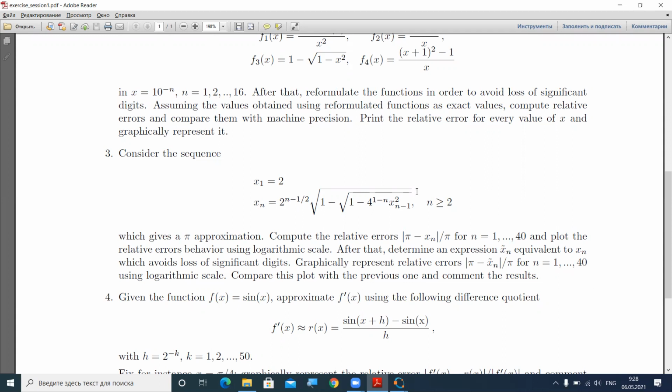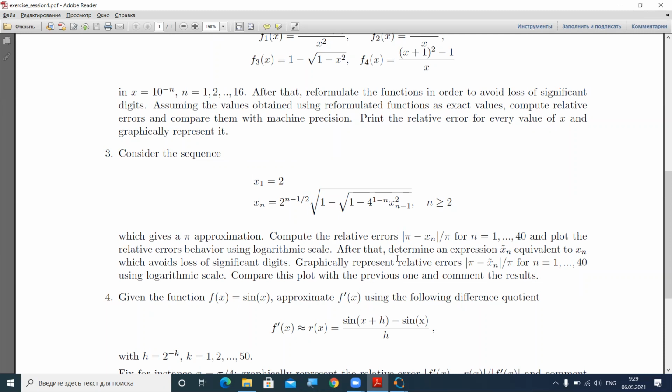And now we need to compute relative errors, but it's not pi, it's a pi approximation. That's why we have some kind of errors here, and we compute the relative errors with respect to pi, considering n from 1 to 40, and plot the relative errors using a logarithmic scale.